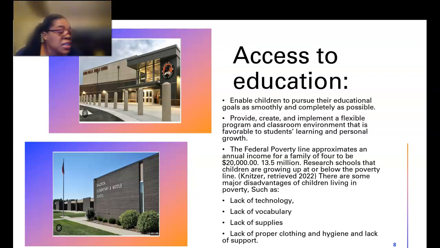The federal poverty line appropriates an annual income for a family of 4 to be $20,000. Nearly 13.5 million children are considered in the poverty line, at or below the poverty line.